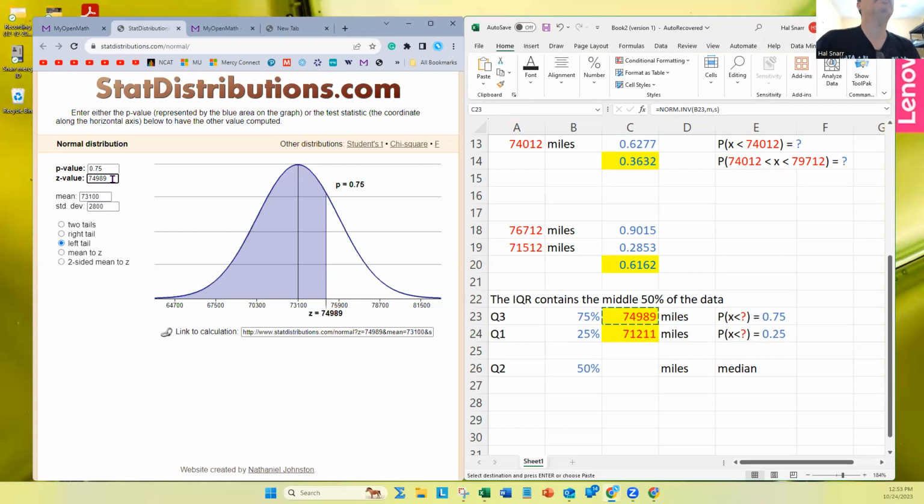So if I put in this value on the horizontal axis, 74,989, the probability of being less than it is 0.75, right? If I copy this number here and put it into here, I get 25%, right? So the middle 50% of the data is between 71,211 and 74,989.